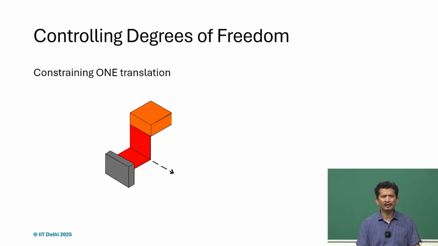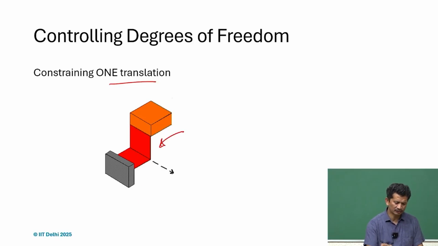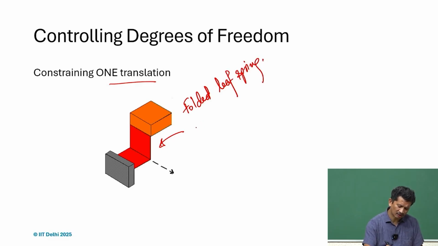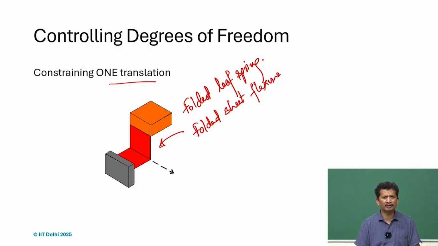We will be learning about different designs, and one design to constrain one translation is this kind of flexure. What we generally refer to as a folded leaf spring, or many times we also call it folded sheet flexures, which we will talk about later when we cover compliant mechanisms and flexures.